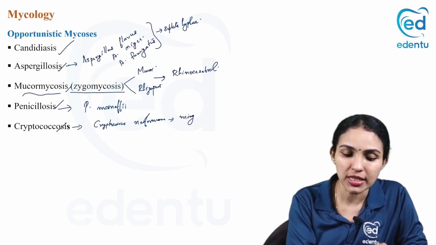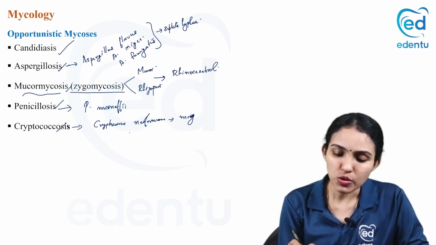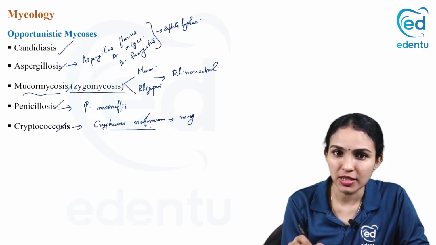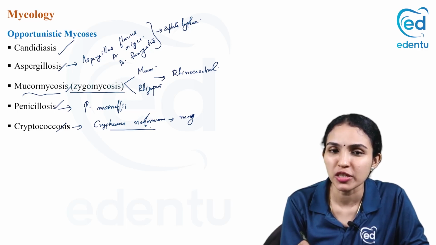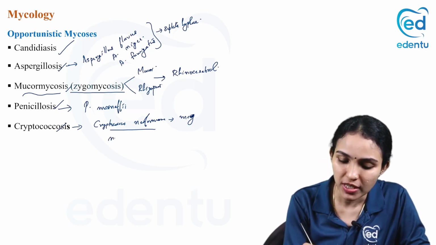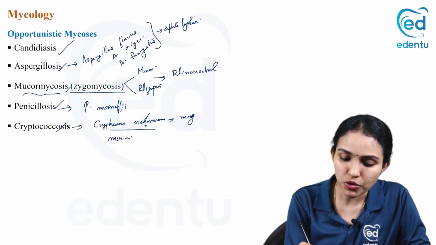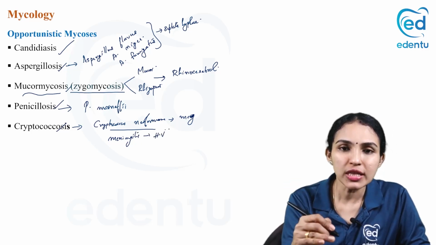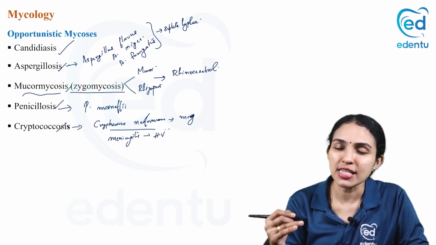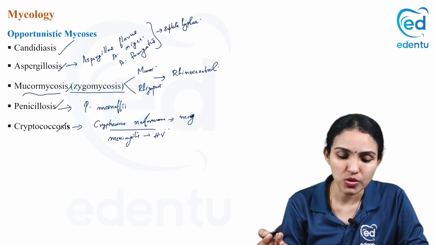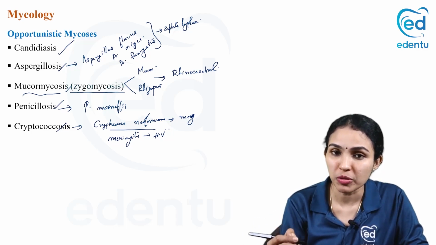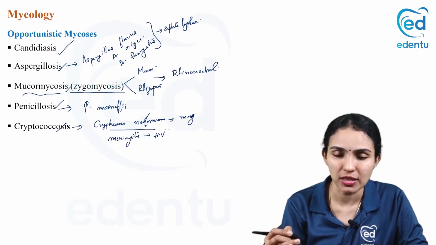That is what we discussed in the first class, Cryptococcus neoformans, the most common causative agent of meningitis in HIV. So all these infections, candidiasis, aspergillosis, mucormycosis, penicillosis, cryptococcosis, are very common in immunocompromised people, especially HIV infected people.